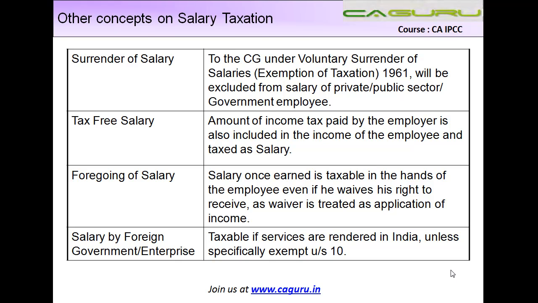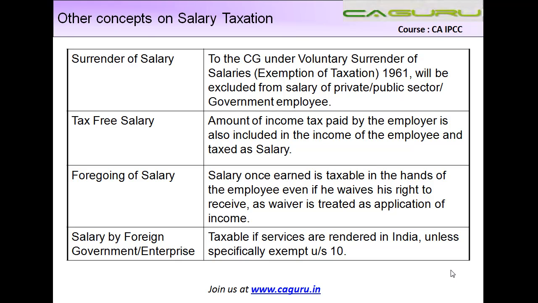What does the law say? Please see the third row, right hand side. Salary once earned is taxable in the hands of the employee, even if he, and it could be she, waives his right to receive, as the waiver is treated as application of income. So the law says once the salary has been earned by you, it is taxable in your hands.